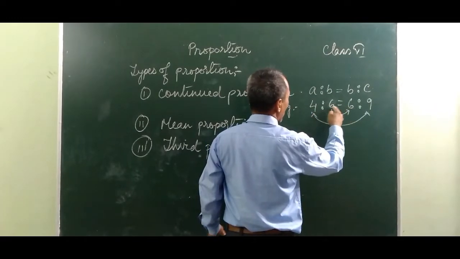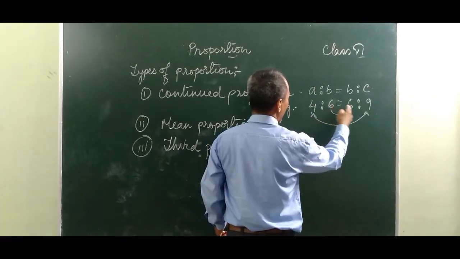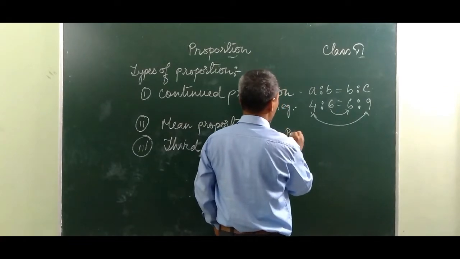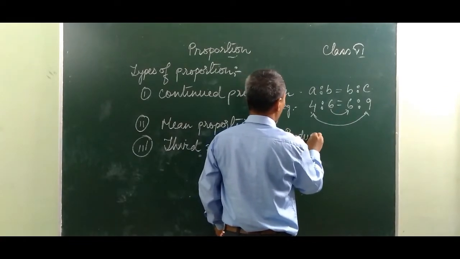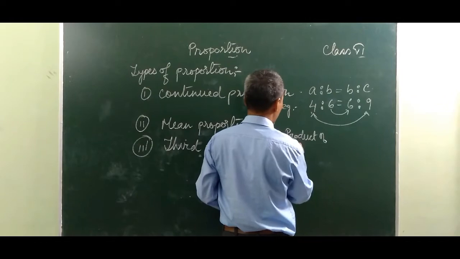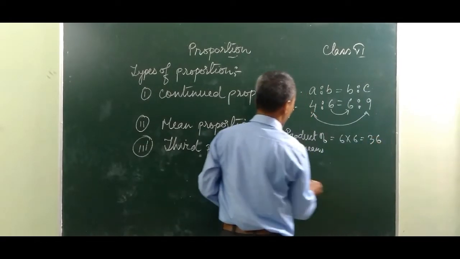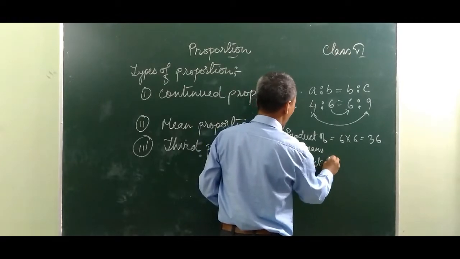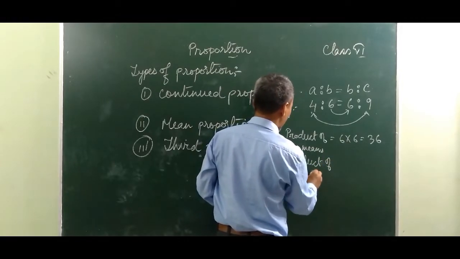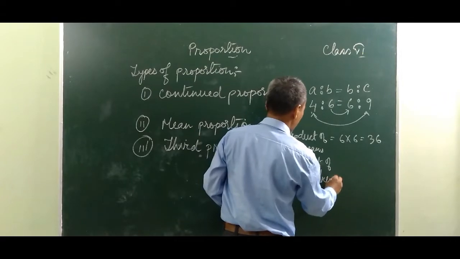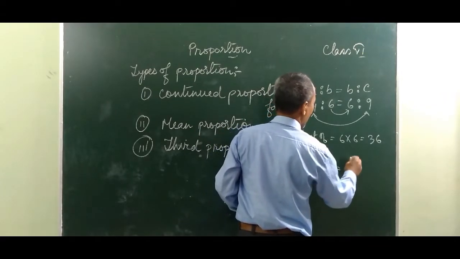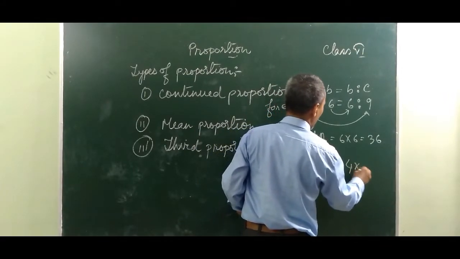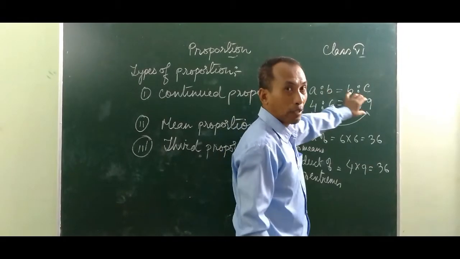The product of the two means is 36, and the product of the two extremes is 4 into 9. These two are equal.